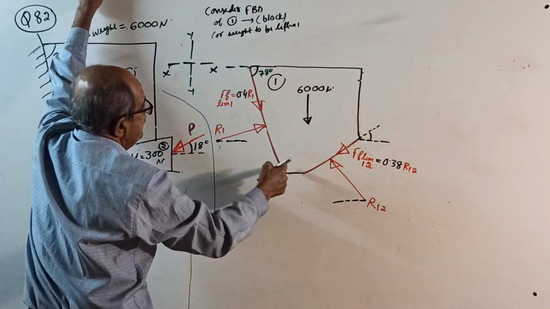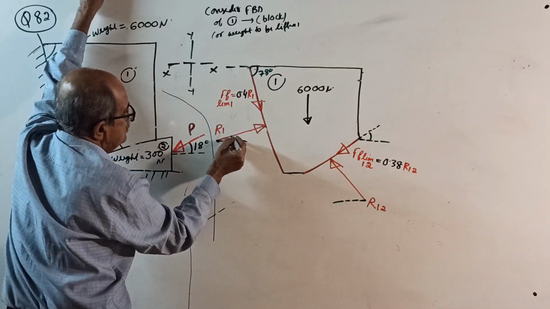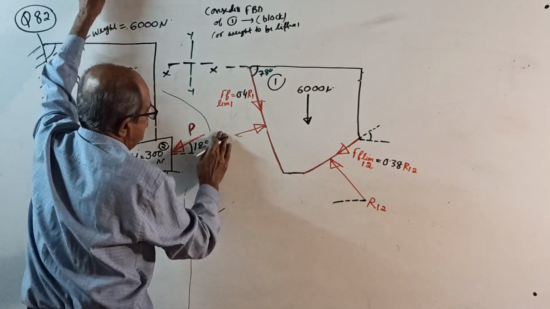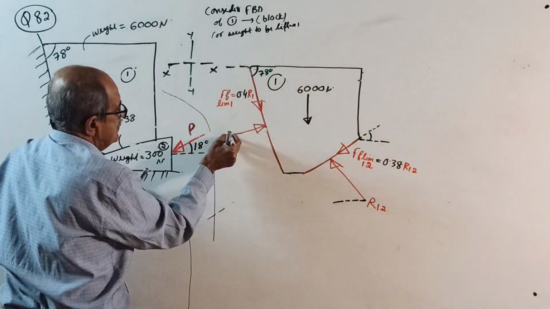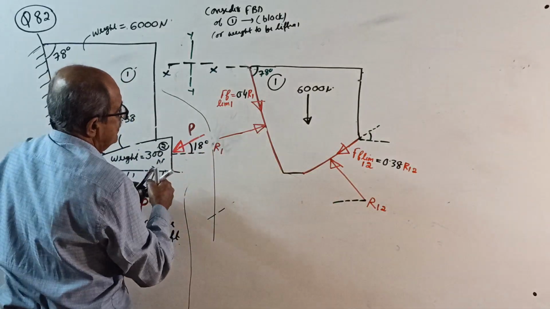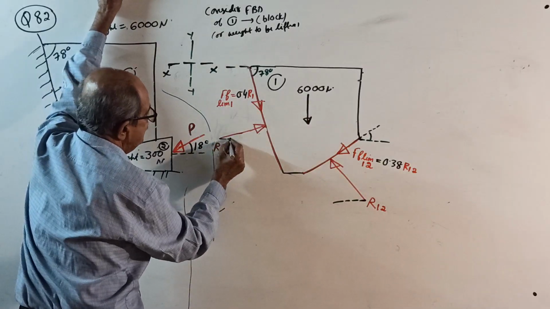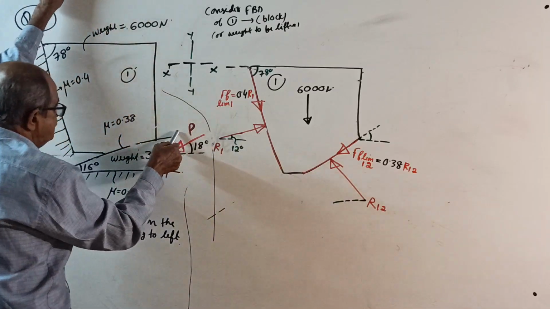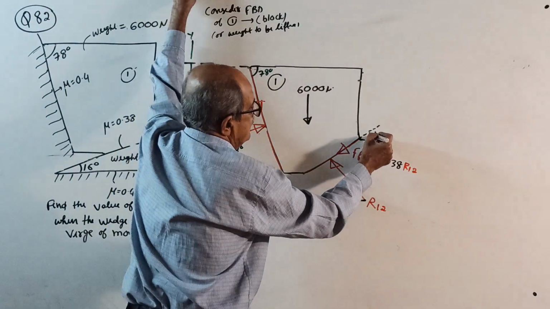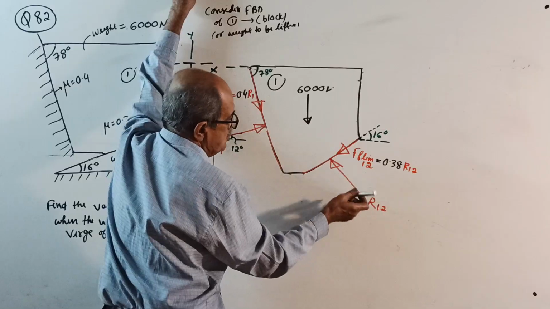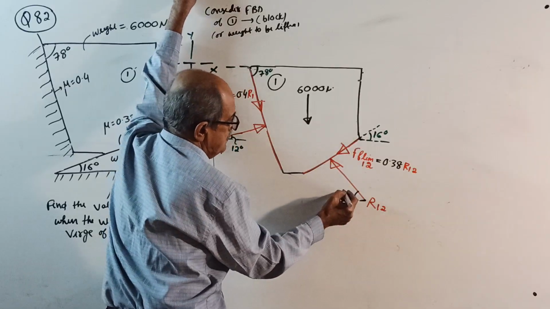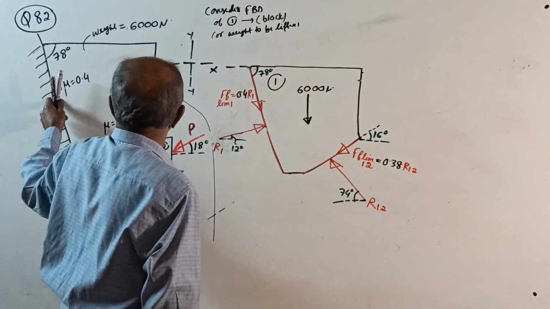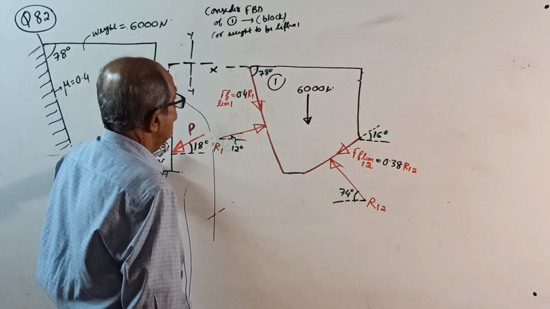Then the perpendicular will make 12 degrees. I should resolve also. R1, if that is 78 degrees, this is 12 degrees here. This plane makes 16 degrees. If it is 16 degrees, the perpendicular will make 90 minus 16, which is 74 degrees. Normal reaction over, friction over.